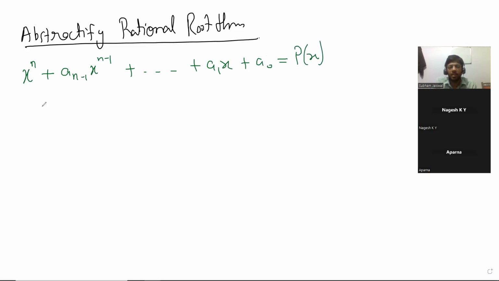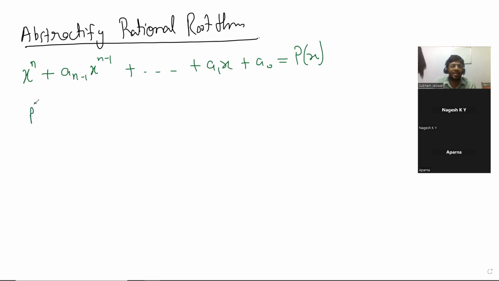And then we said that if there is a rational root, then it is an integer root. Yeah, that much we want to say, right?